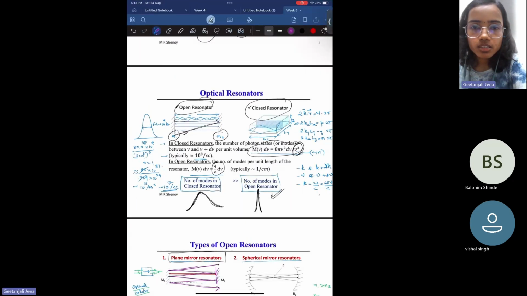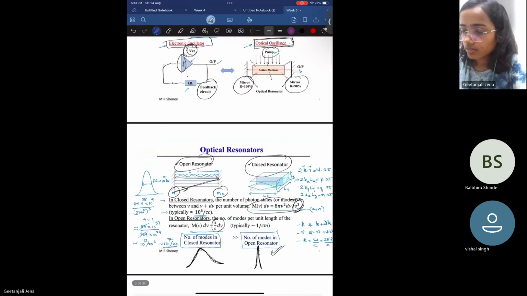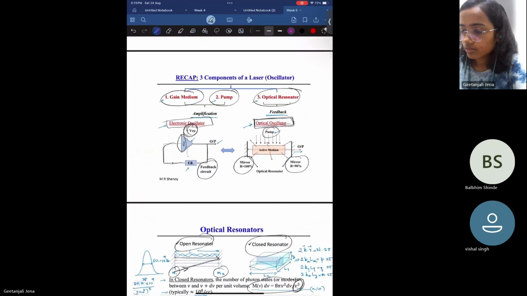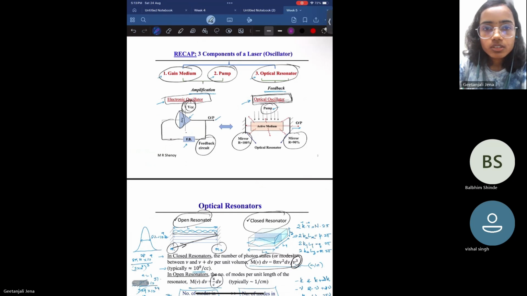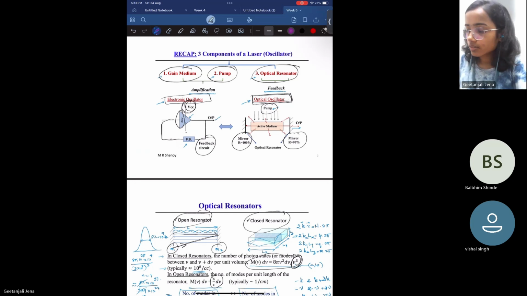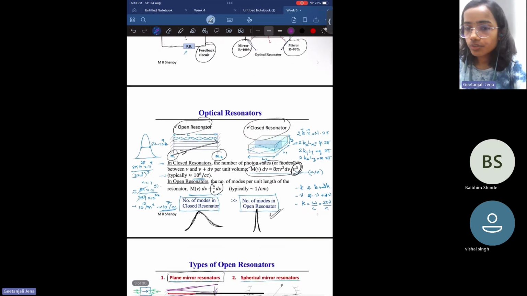So I think now the screen is visible, right? So it got frozen for a few minutes, I think. Okay.